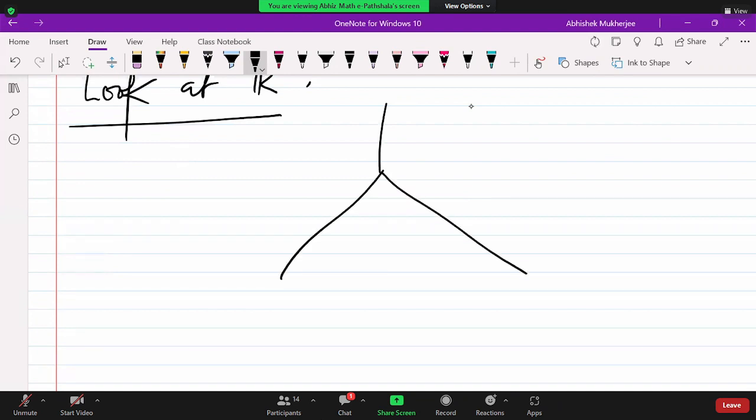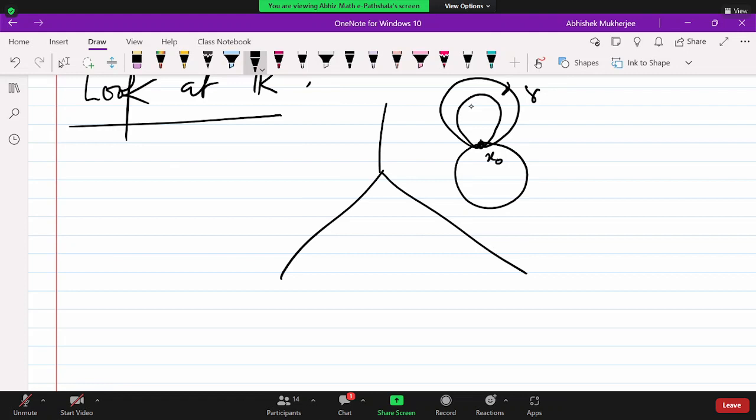Suppose you take any point x naught and any loop. Suppose this is your gamma. Then this gamma can be deformed to x naught continuously due to convexity by straight line homotopy.